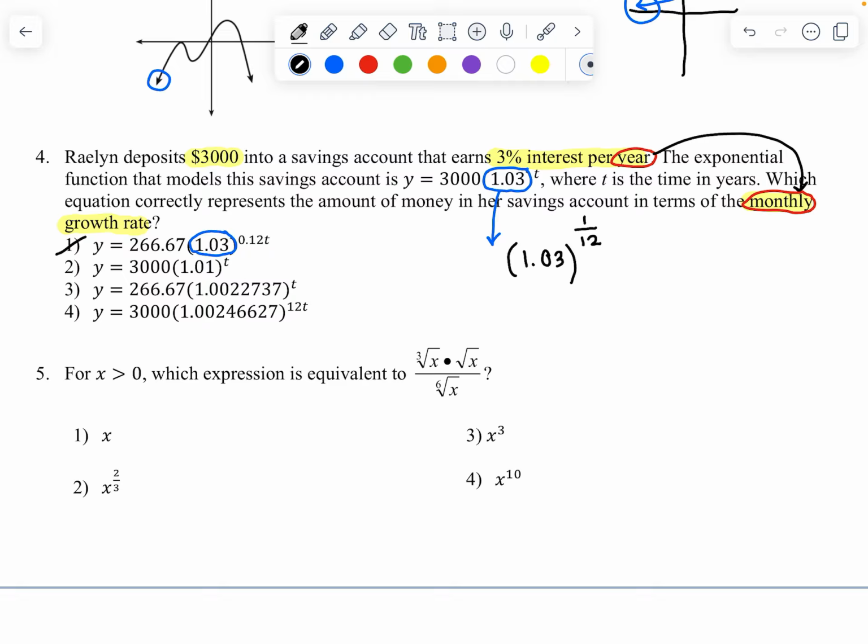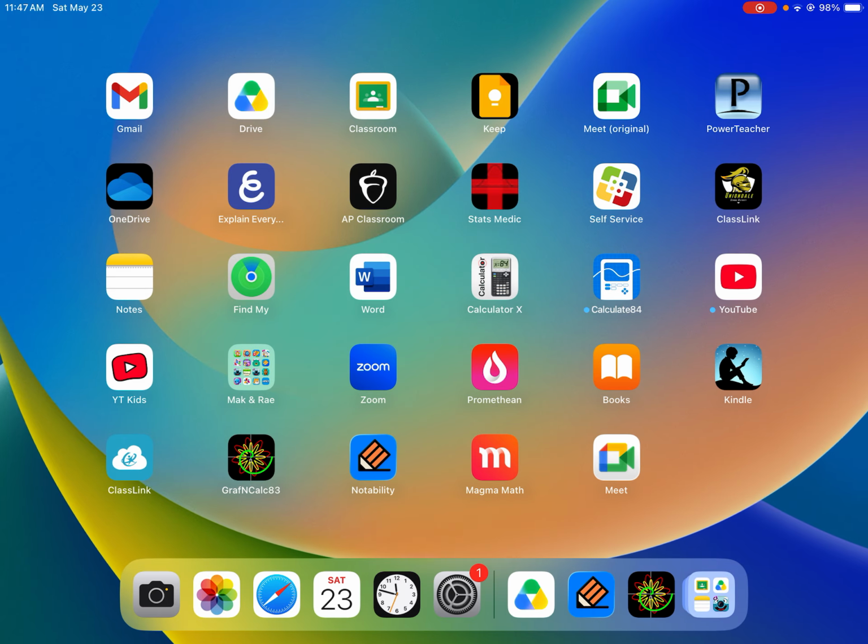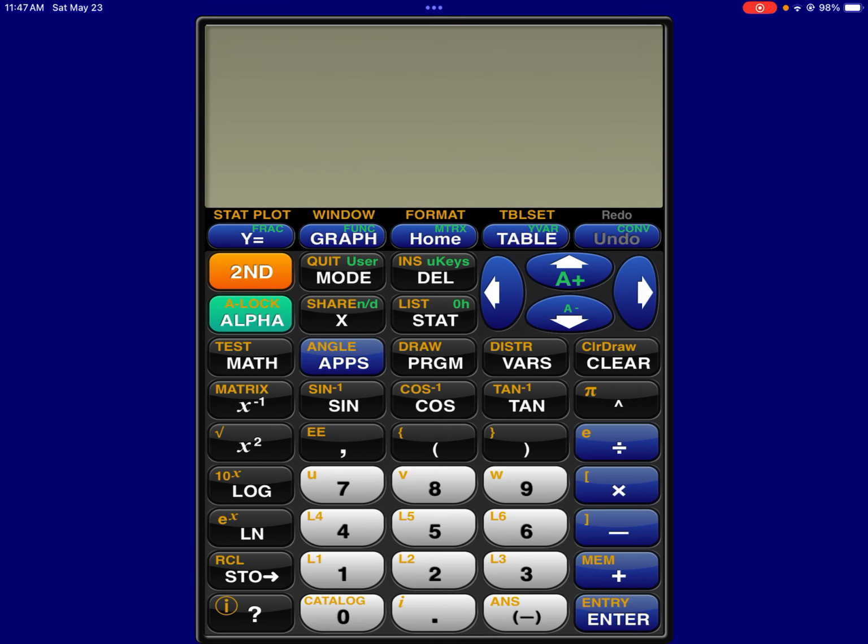So let's go ahead in our calculator and find the new decimal that's going to be inside those parentheses. So 1.03 raised to the 1/12. This is going to be our new decimal inside the parentheses.